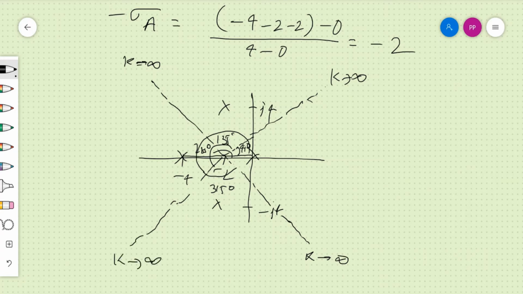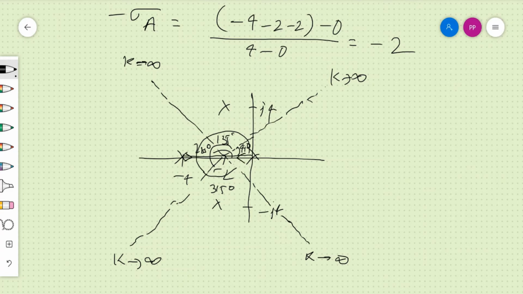So let us go for the next rule, because we know that on the real axis the locus will be symmetric and will lie on the real axis wherever there is an odd number of poles and zeros to the right of that point on the real axis. So we can draw some arrows like this on the real axis.